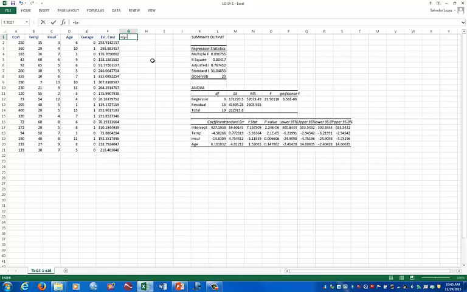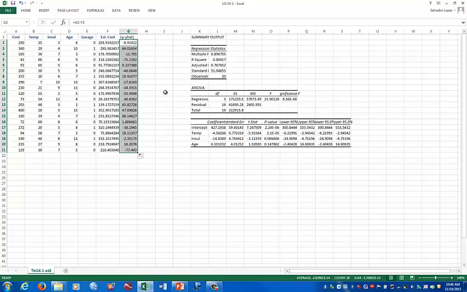Let me label it y minus y hat. Oh, I'm sorry, I put the formula, so I need to just label it. And that is equal to A2 minus F2. That is the errors, or the difference between y and y hat. It can be negative or positive because some values are above the regression line and some are below it. So this one is negative, this is positive, etc.